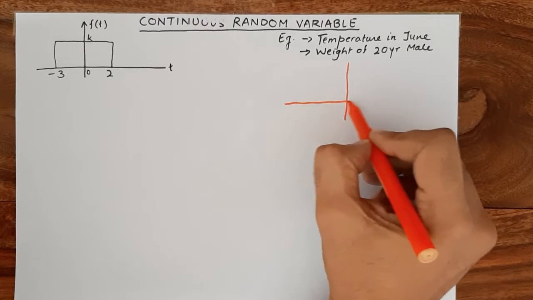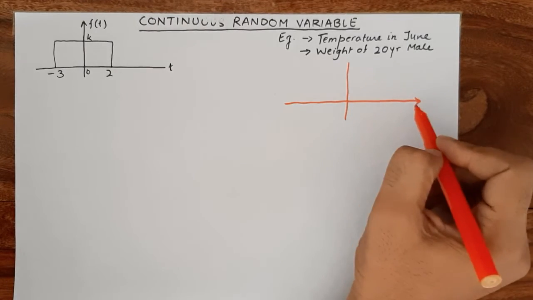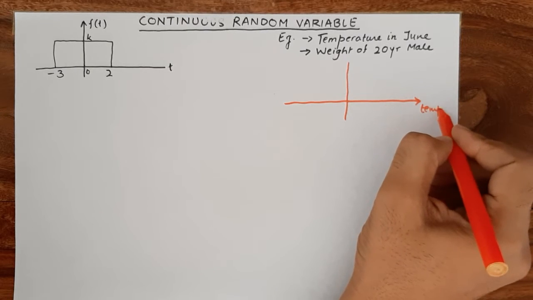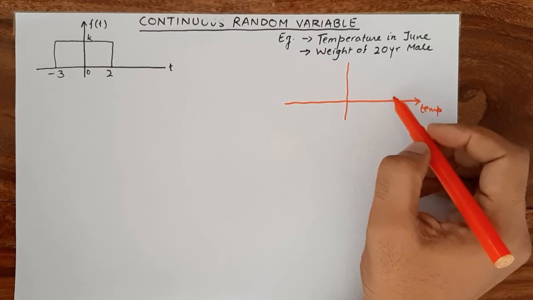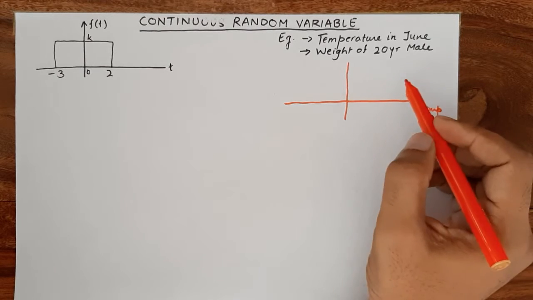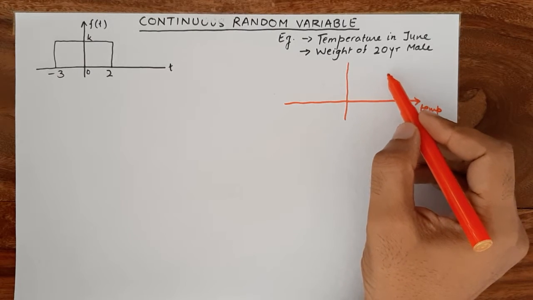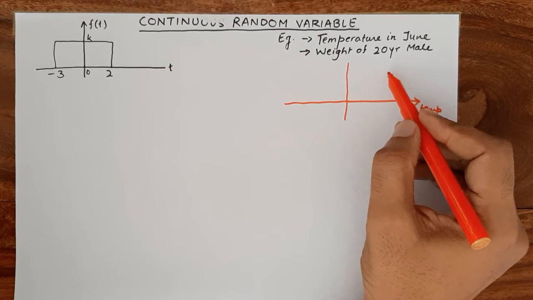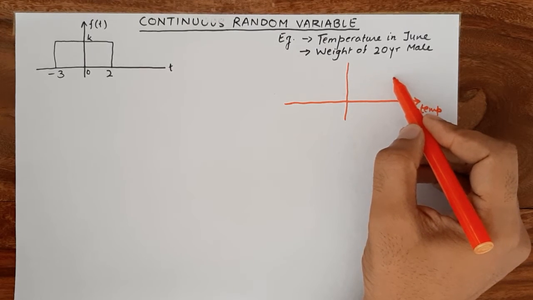On the horizontal axis, you could take temperature, and you would see that the probability of a temperature of around 45 degrees would be pretty high.